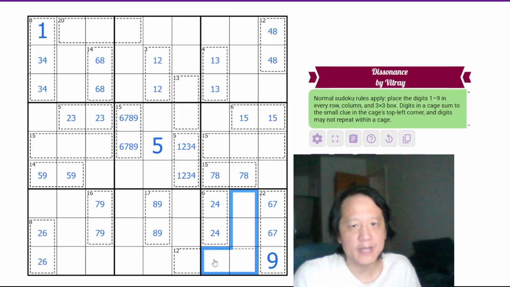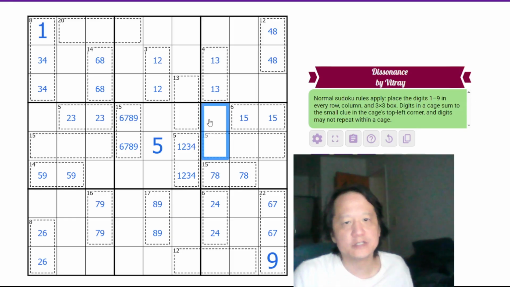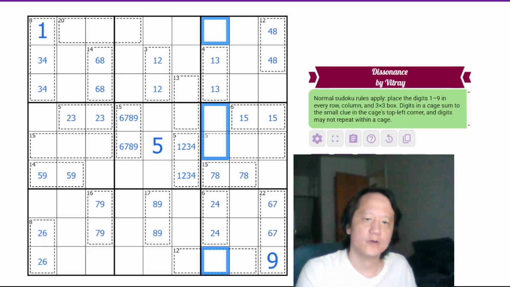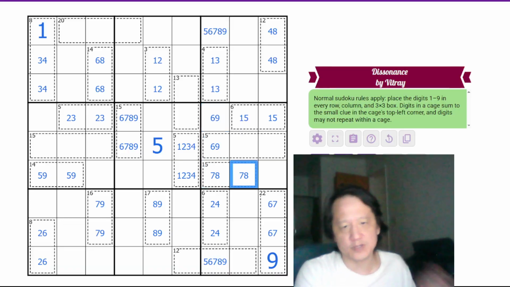Okay, remaining digits of column 7. We have 5 through 9 left because we have 1, 3, and 2, 4 as a pair. So 5 through 9. This cannot be 5 because of the 1, 5 pair in the box. This can't be 7, 8 because of the 7, 8 pair in the box.